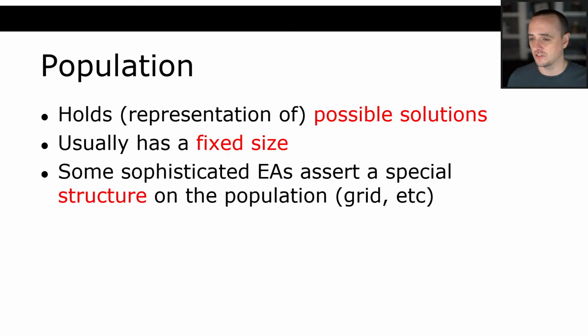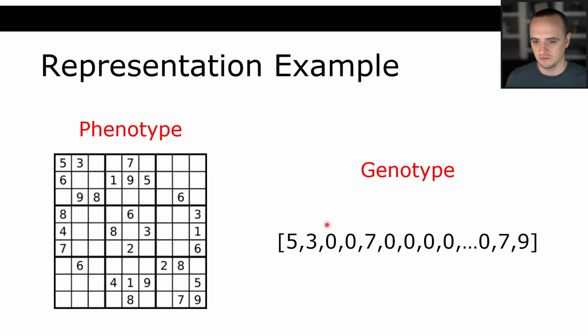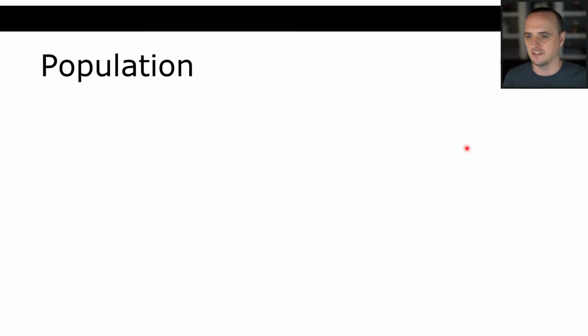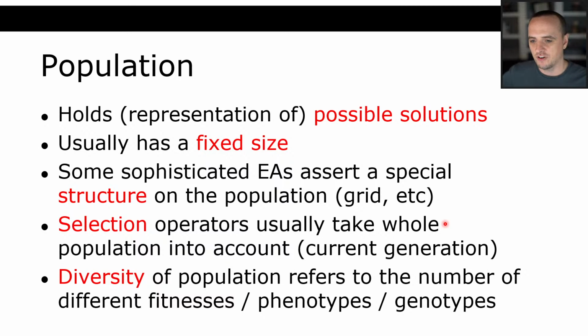Essentially, if we have a bunch of Sudoku boards represented like this, we'll just have a vector of vectors, or a vector of arrays. That's going to be our population. Selection operators take the whole population into account, typically. And the diversity of the population reflects the number of different fitnesses of the phenotypes and the genotypes.